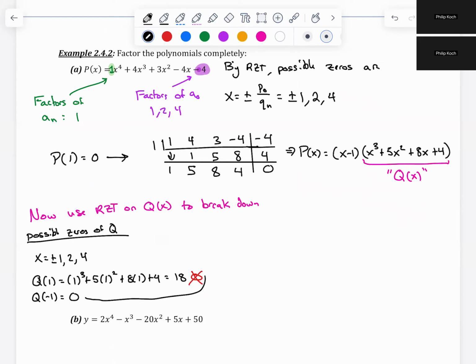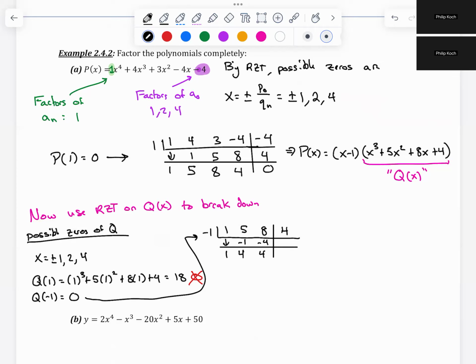So we can use synthetic division again, -1 into Q of x. 1x cubed plus 5x squared plus 8x plus 4. Bring down the 1. -1 times 1 is -1. Add vertically. That'll be 4. -1 times 4 is -4.